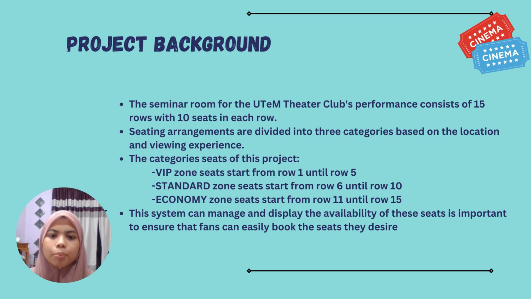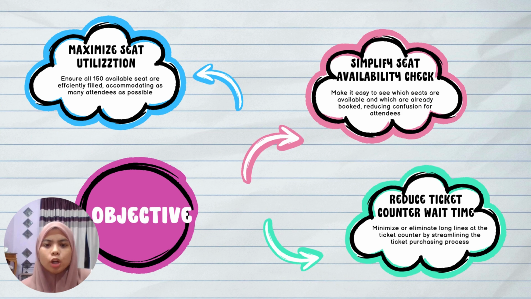This system can manage the display, and the availability of these seats is important to ensure that fans can easily book the seat they desire. Okay, our objectives: first is to maximize seat utilization, which is just having 150 seats available in that room.